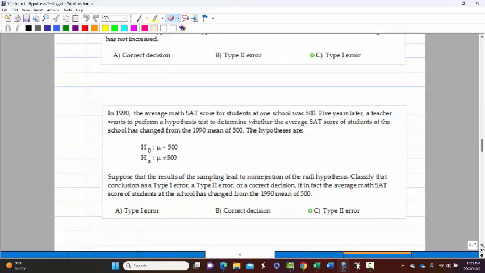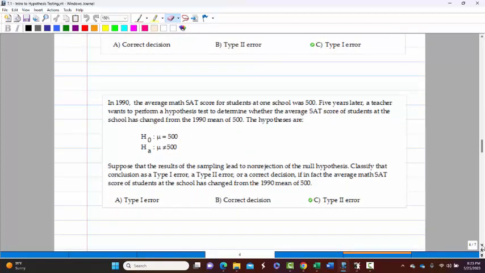Next one. All right, so we've got SAT math scores. We're testing equal versus not equal, 500. Now this one says non-rejection of the null hypothesis.